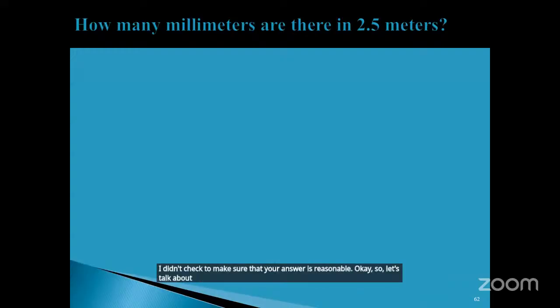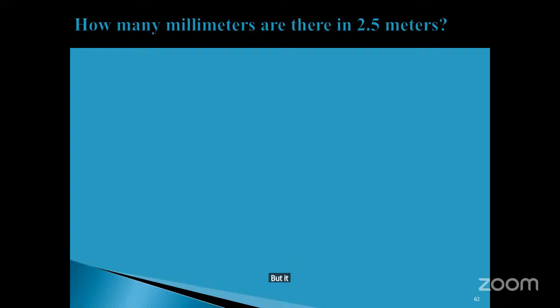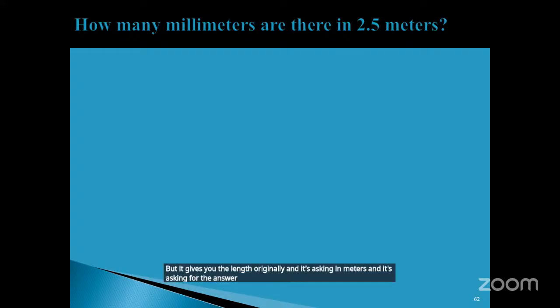conversion. This is a relatively simple example. This question is asking for, well, it gives you the length originally in meters, and it's asking for the answer in millimeters, right?